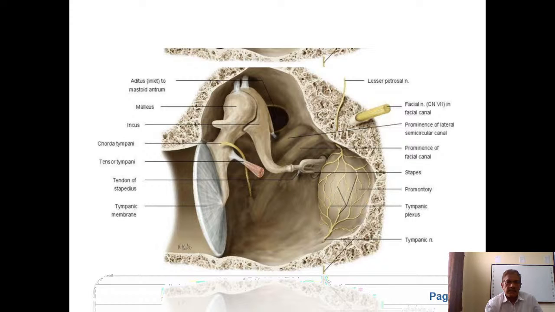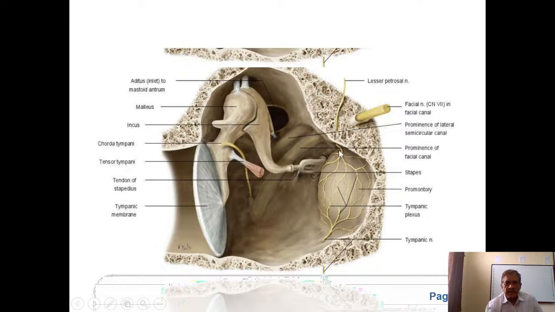Now that's the tympanic membrane, which is the lateral wall, and the lateral wall is partly formed by the bone of the epitympanic area. And this is the tensor tympani muscle, and so that is the lateral wall, and the roof, of course.